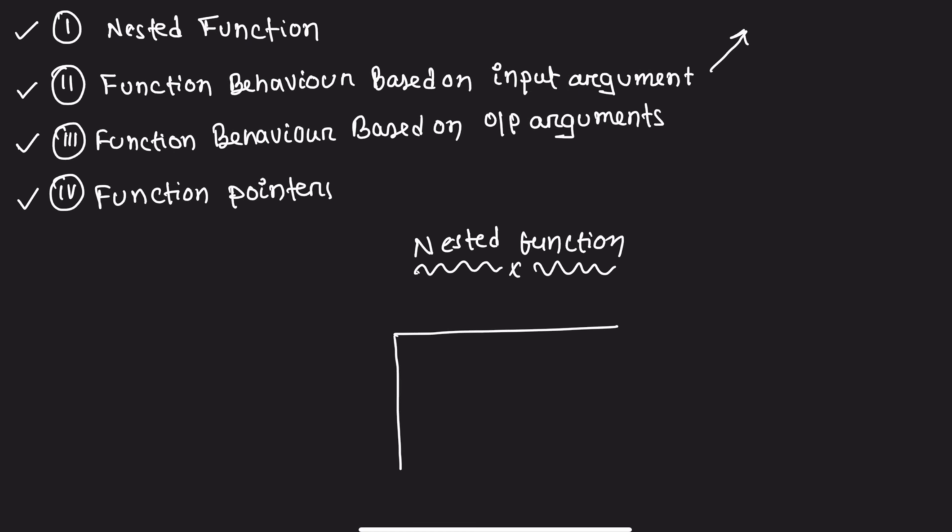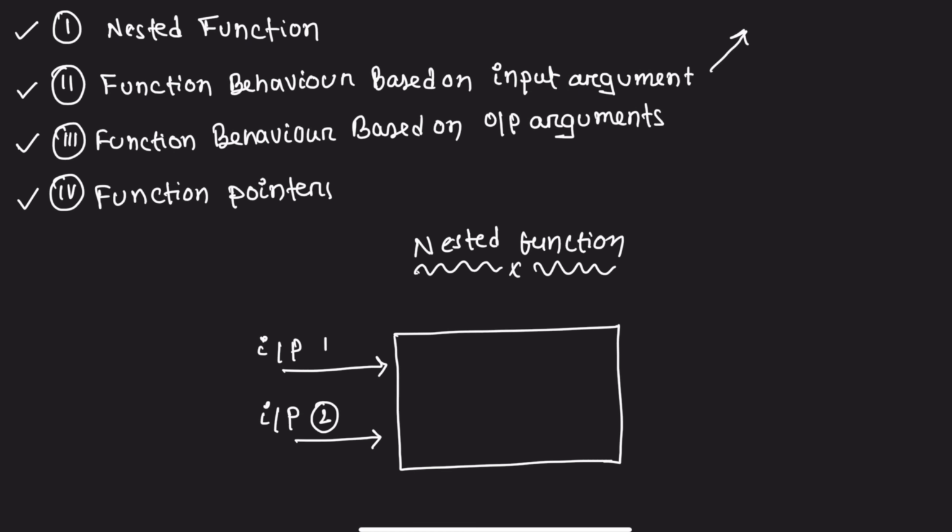This function receives some input. So basically, suppose I have two inputs, input 1 and input 2. Based on these inputs, the function does some calculation and returns an output.